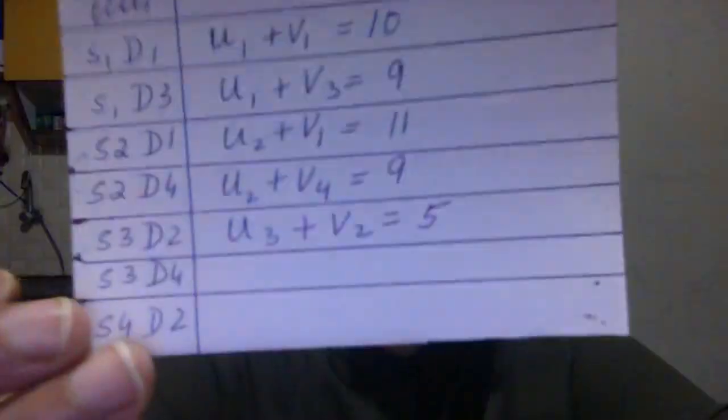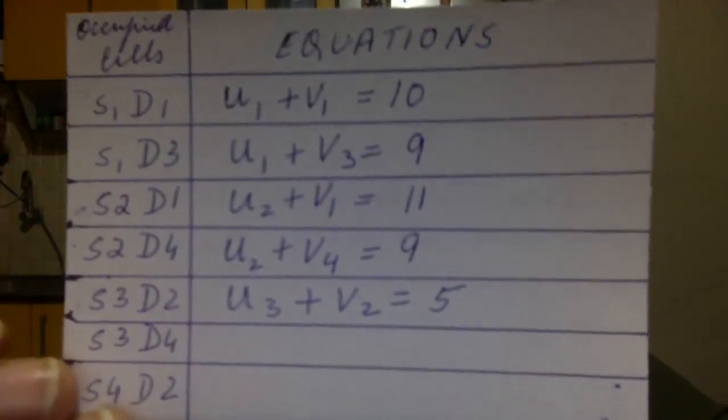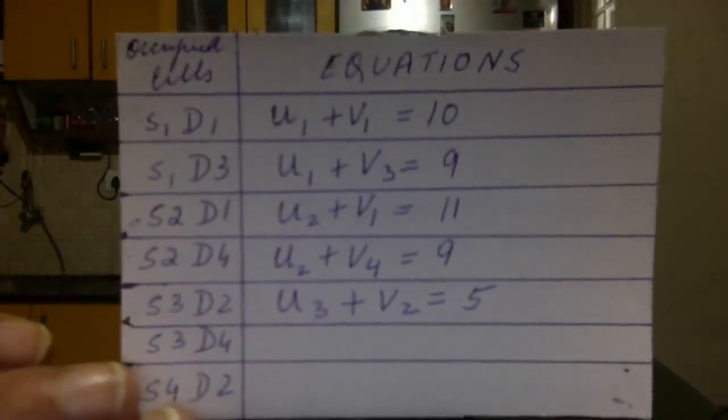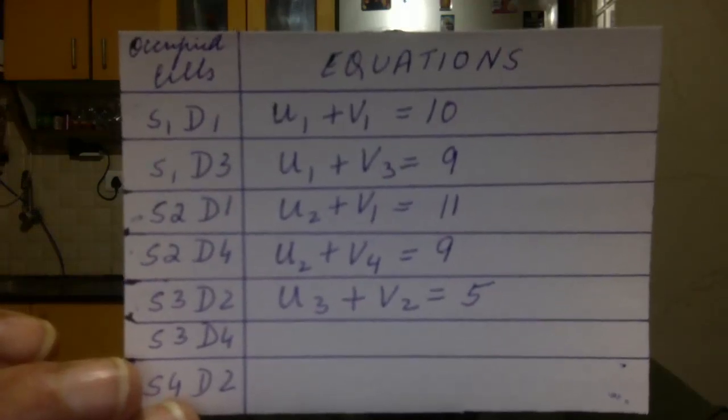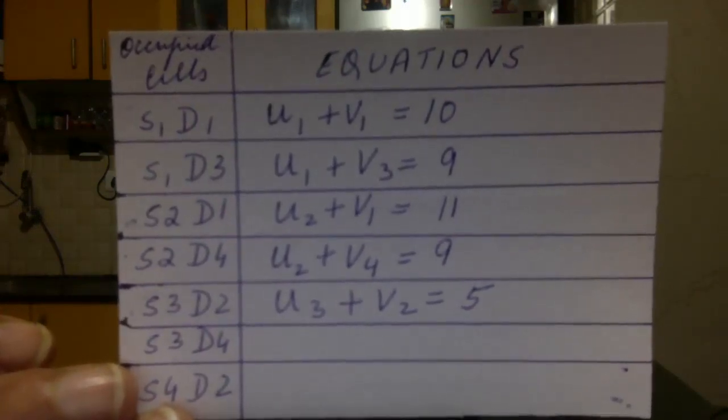Next is S3 D2. S3 becomes U3 plus V2 is equal to 5. S3 D4 is U3 plus V4 is equal to 7.